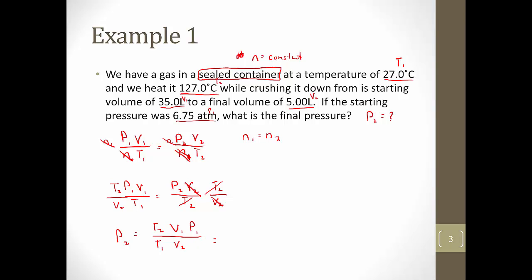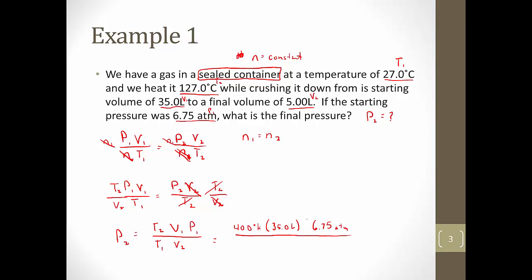So let's plug in some numbers here. So T2 is 127, and we convert that to Kelvin. It's 400 degrees Kelvin times V1, which is 35.0 liters. And all of that is times P1, which is 6.75 atmospheres.